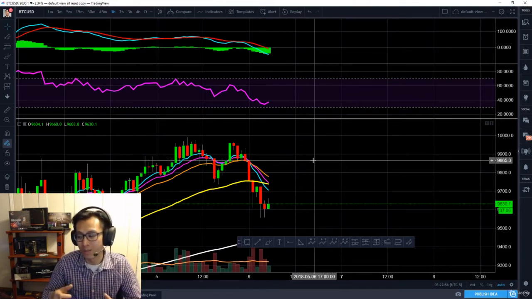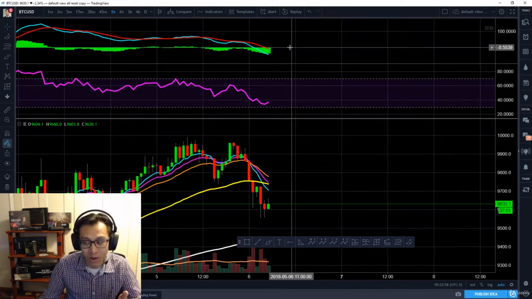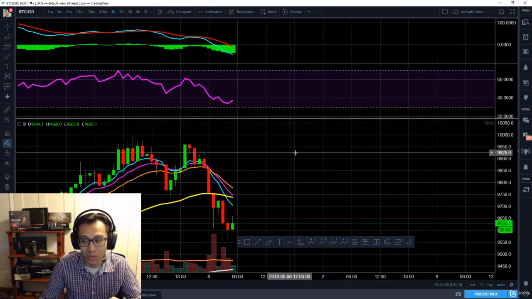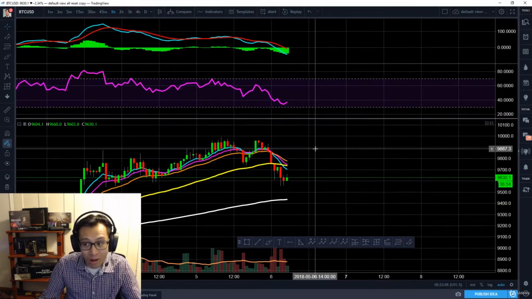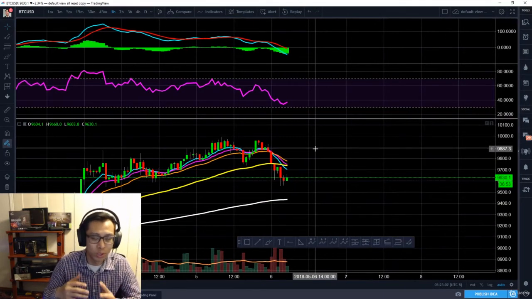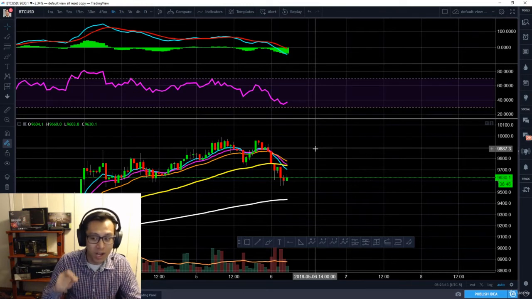Whereas some other ones, like the relative strength index and the histogram, which is one of my favorites of all time, tell us really well when it's starting to level off. The histogram, along with the RSI, is a really good representation of real-time indicators that give us a real-time gauge of what is happening in the market.